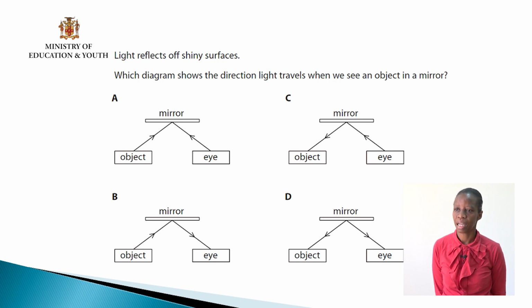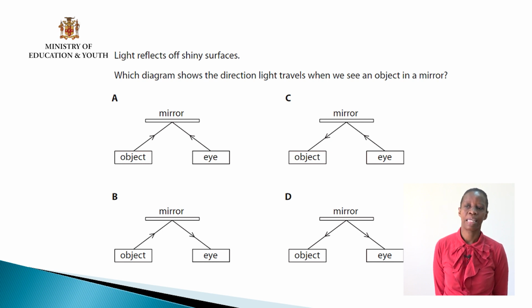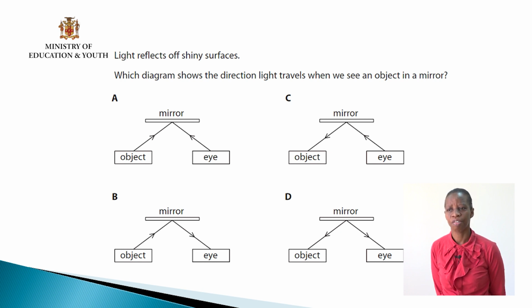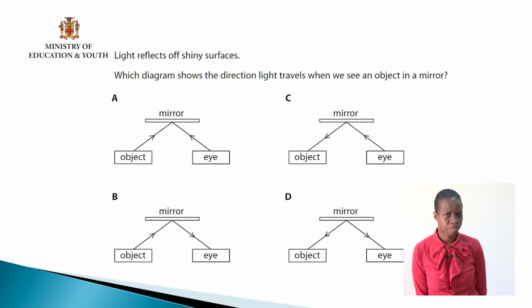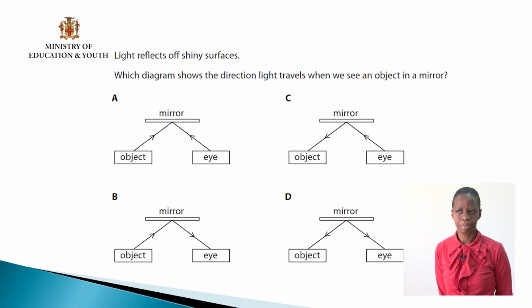So in A, the light ray is moving from the object, hitting the mirror, and in A though, when it hits the mirror, for some reason we have our eye, or the eye in that diagram, also sending off a light ray. Is that what happens when we see objects? Do you think that is the correct diagram?